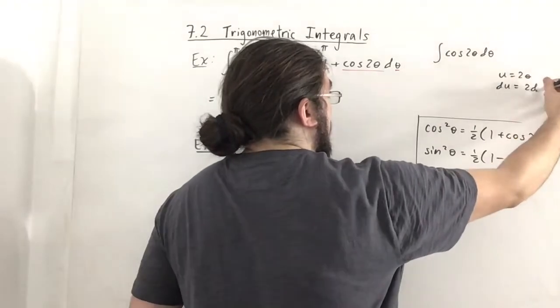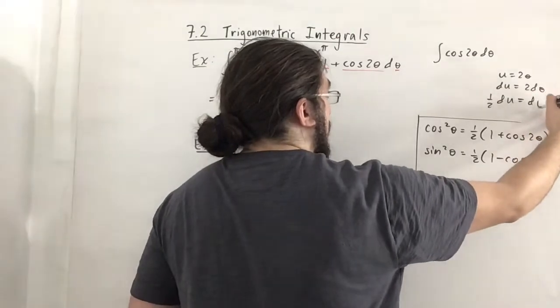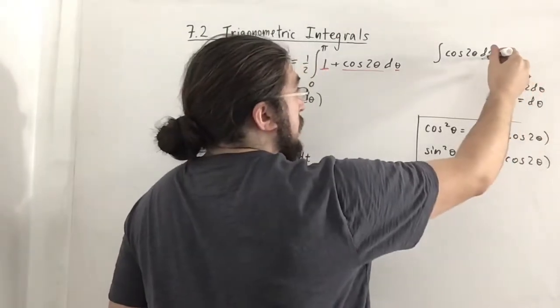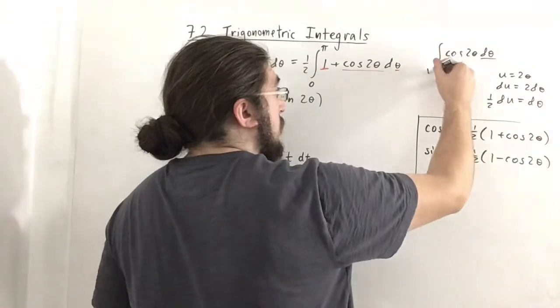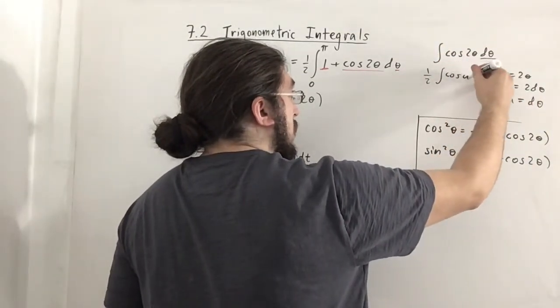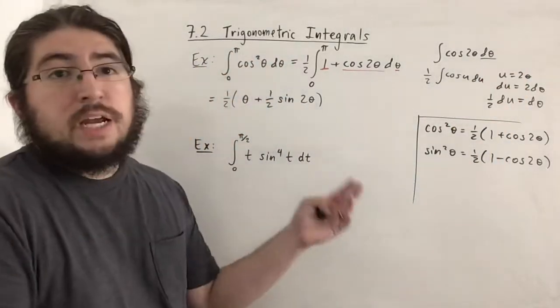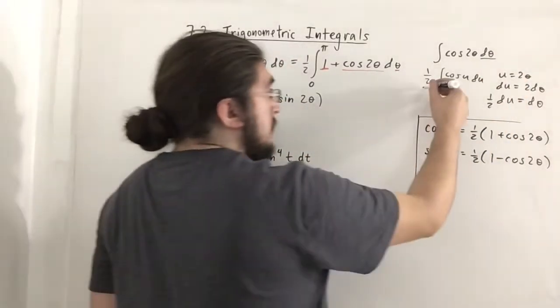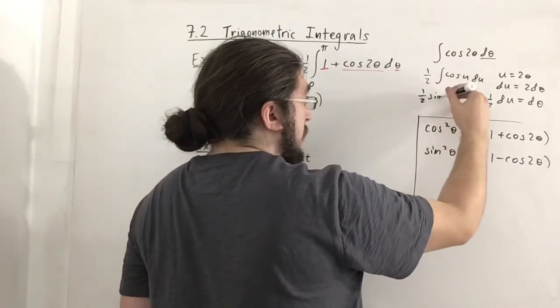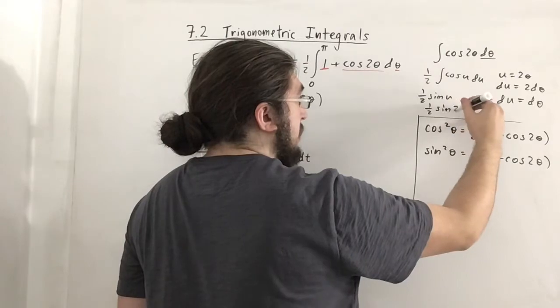It would be 2 d theta. So you see the 1/2 du is equal to d theta. So with that being said, you can replace d theta with 1/2 du, pull the 1/2 out, and then you end up getting cosine of u times du. And notice the antiderivative of cosine is just sine. So this is 1/2 sine of u, but since u is 2 theta, this is 1/2 sine of 2 theta.